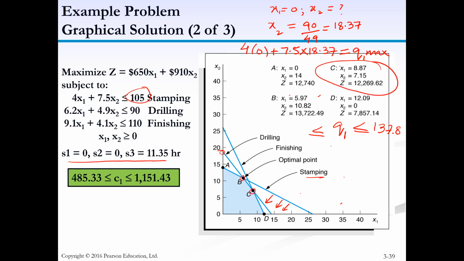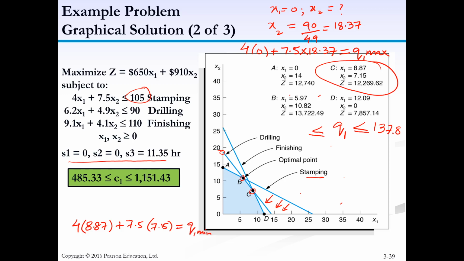So just plug this x1 and x2 into the stamping constraint, and we will get the value. So we have 4 times x1, which is now 8.87, plus 7.5 times x2, whose value is 7.15, and this will give us Q1 minimum.